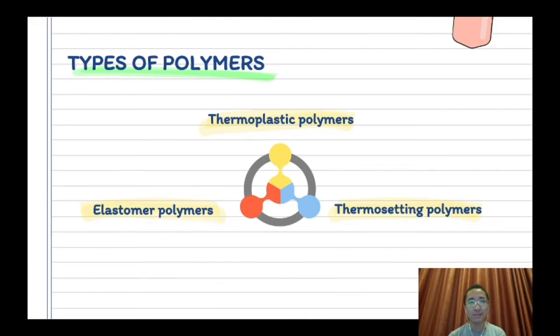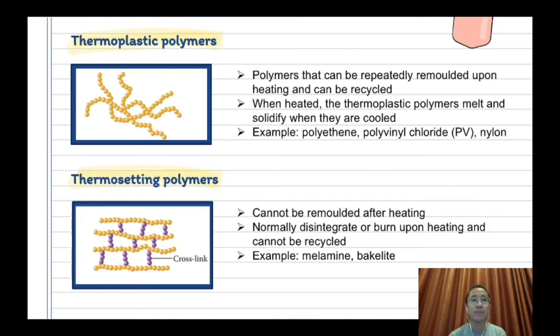There are three types of polymers. The first one is thermoplastic polymers, the second one is thermosetting polymers, and the third one is elastomer polymers. Thermoplastic polymers are polymers that can be repeatedly remolded upon heating and can be recycled. When heated, the thermoplastic polymers melt and solidify when they are cooled.